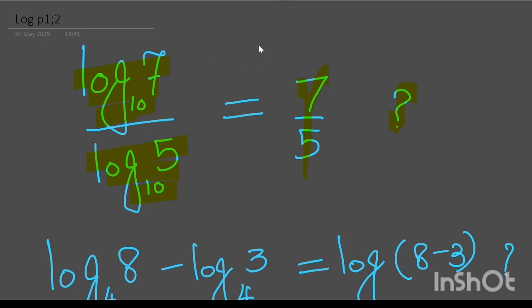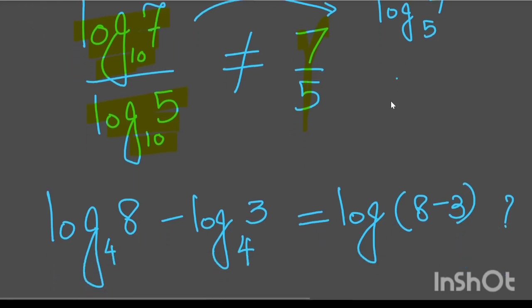So people mistook this equal to this. They cancelled log. Is this type of thing allowed or illegal? So yes, this type of cancellation is not allowed, it is illegal. In other words, it is not equal. So now the question arises, if log 7 upon log 5 with the same base, what is it? Later on we will see that it can be proved that it is log 7 base 5. It is one of the properties.